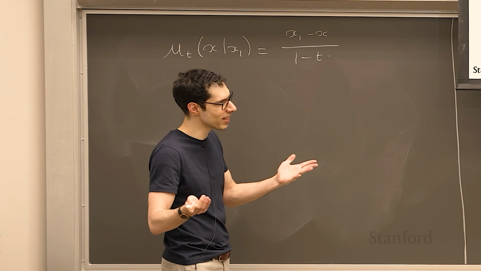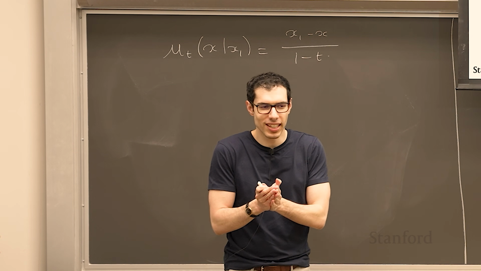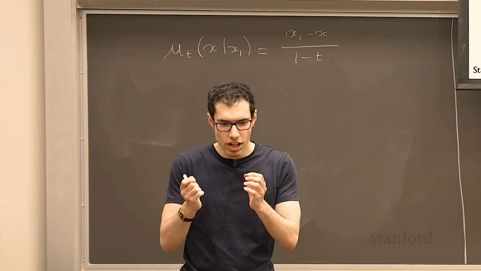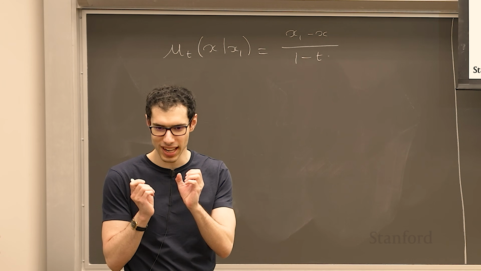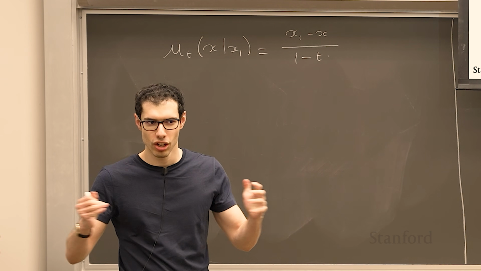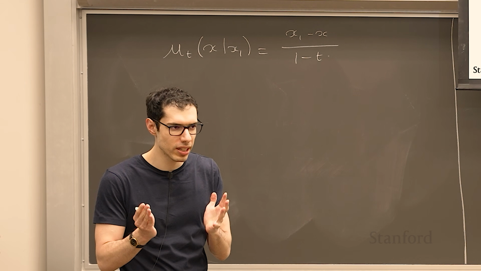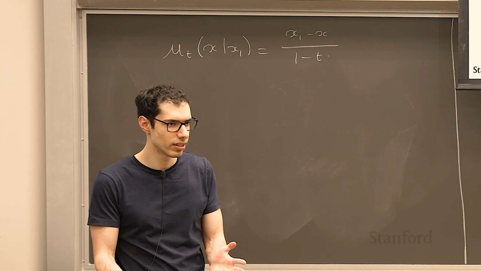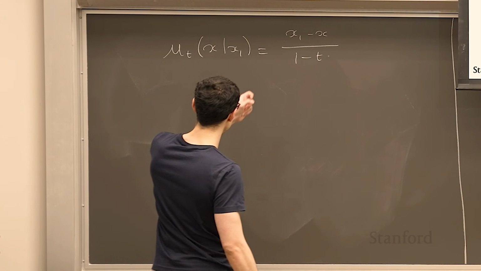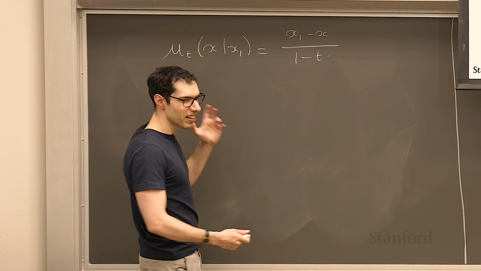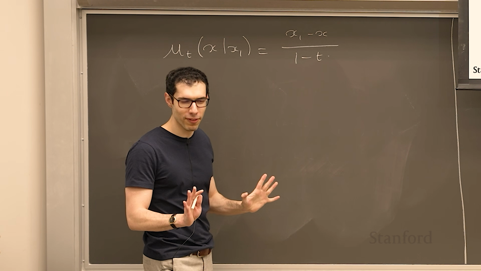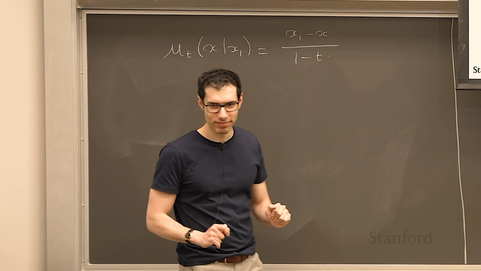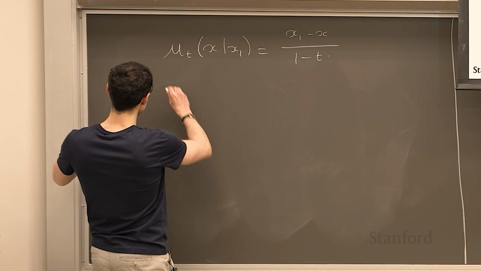Well, why does that make sense? It is because at time t equal 1, your distribution is literally a deterministic distribution that is x1. So you want all your particles to be exactly at x1. So if you're not at x1, then you better hurry. Your velocity will be very, very high.